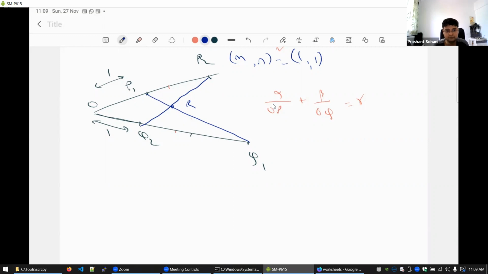So just trying to draw the picture intuitively, if we just keep on drawing various positions of P and Q, is there any upper bound on how far we can take the point P or Q?